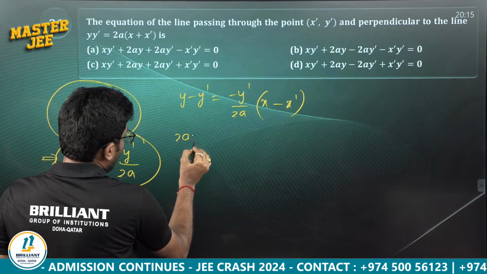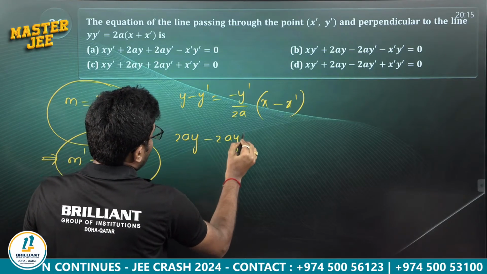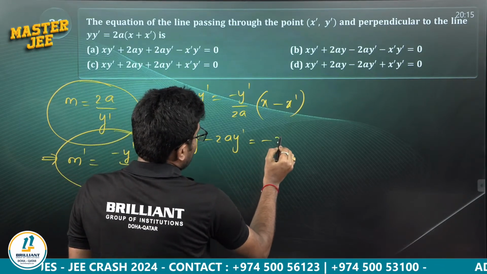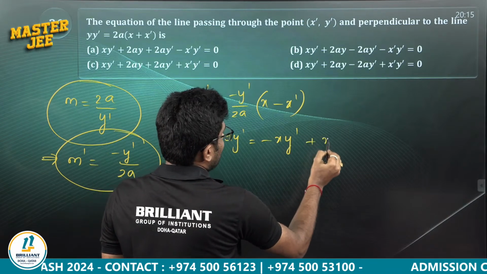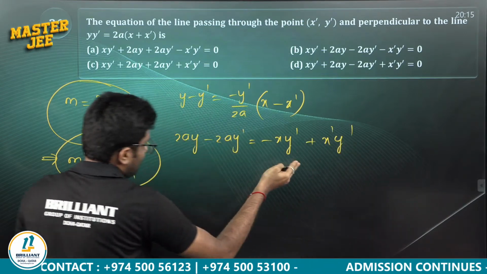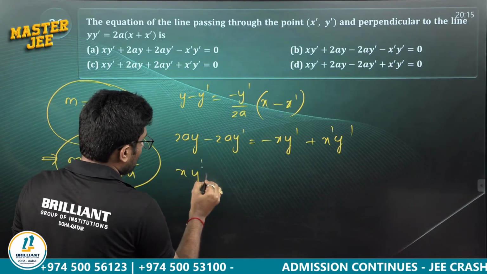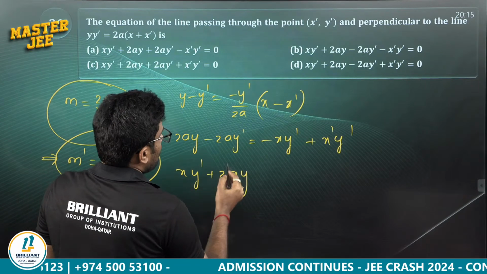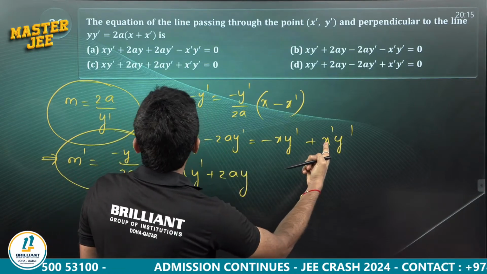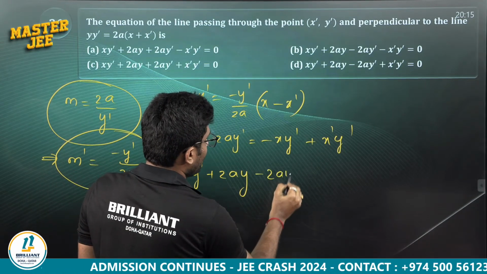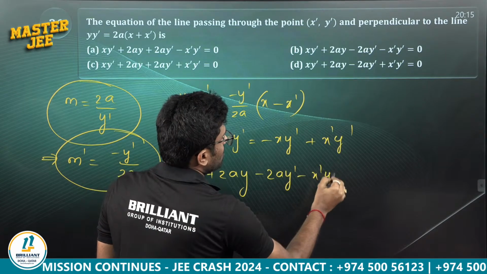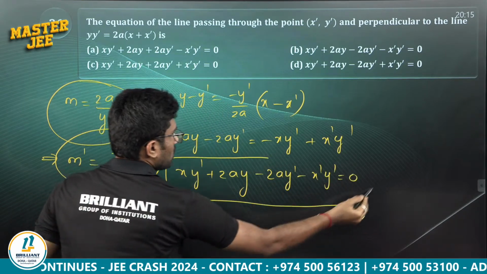So 2ay minus 2ay dash is equal to minus x times y dash plus x dash y dash. Send everything to the left-hand side: xy dash plus 2ay minus 2ay dash minus x dash y dash is equal to 0.